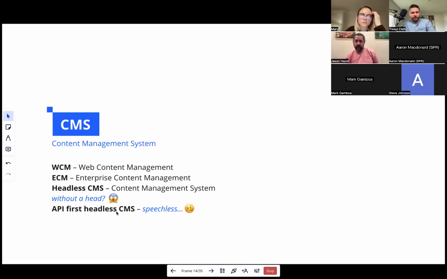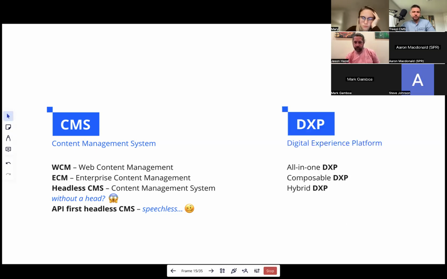API-first headless CMS, another term that's not easy to sell. And we noticed there's another term that's kind of emerging. It's called DXP, digital experience platform, and it already has certain variations: all-in-one DXP, composable DXP, hybrid DXP.